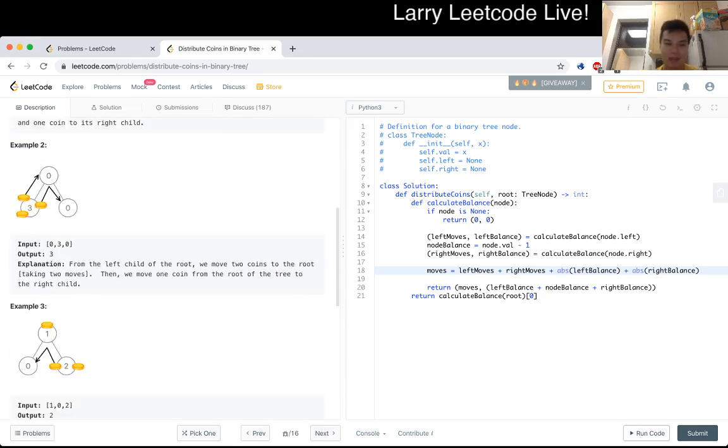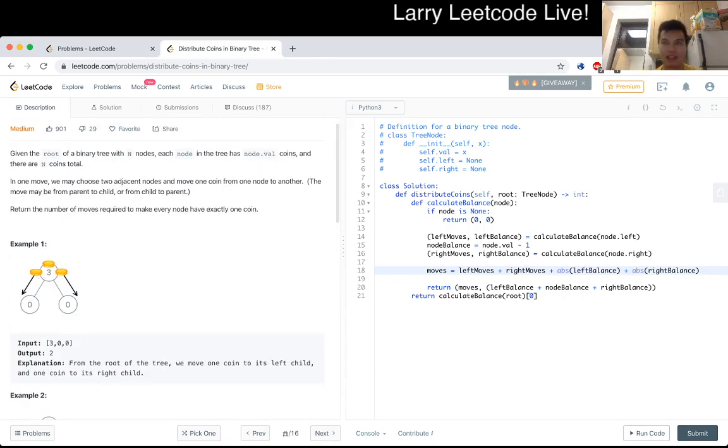The way I think about it is, instead of thinking about coins and how coins move, given a node, how many coins are coming in and how many coins are going out, and basically that's the case, and then you can sum the previous moves recursively.